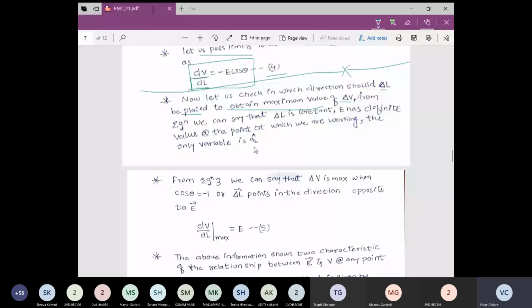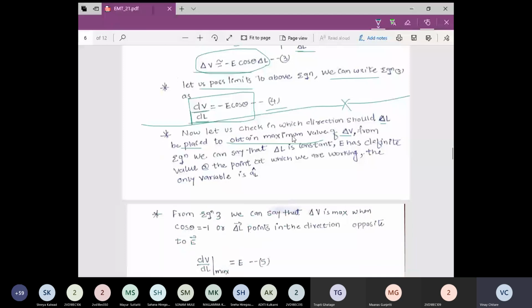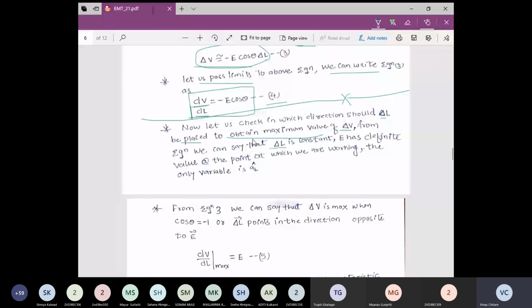So if I am referring to this equation 3, delta L is a constant that cannot be varied. For a given path, delta L is a constant, and E also has a definite value at the point at which we are working. Now you could say that the only variable is the direction, that is delta L hat.